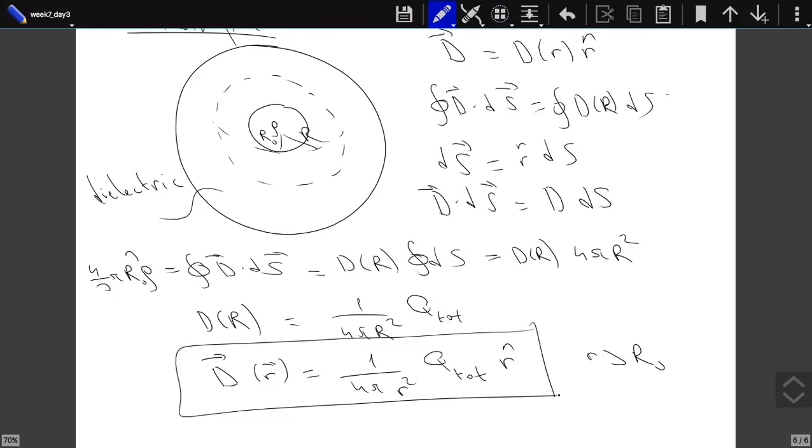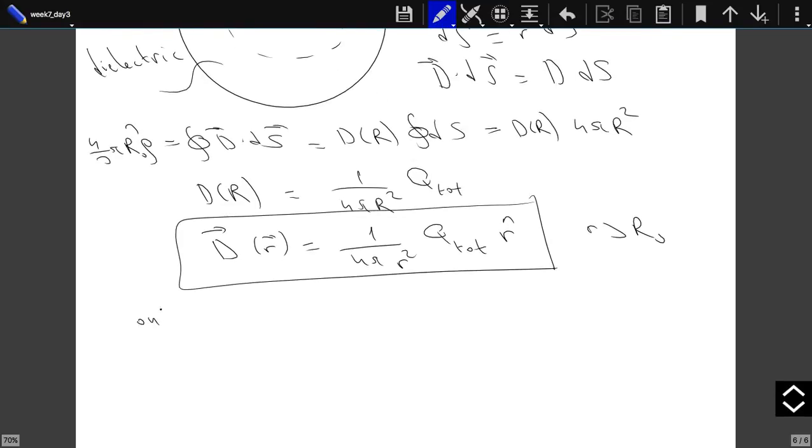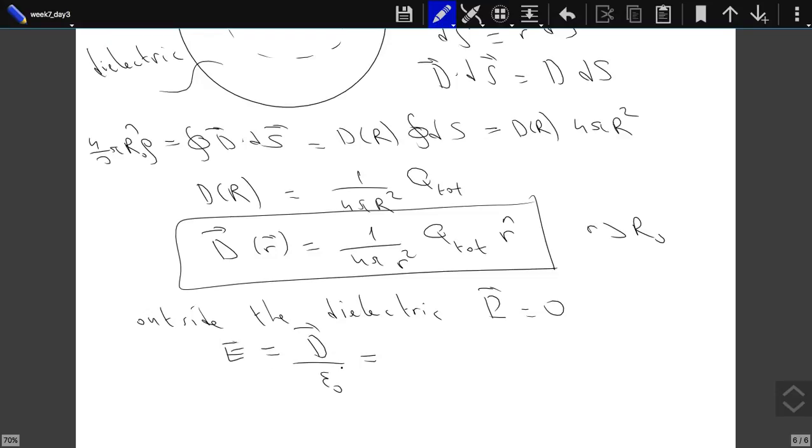But if we are outside the dielectric, the polarization is 0, because outside the dielectric there are no charges to polarize, so the electric field is just the displacement field over epsilon 0, which is 1 over 4 pi epsilon 0 Q over r squared in the r hat direction. Now this is again our well-known result for a uniformly charged spherical object. We are observing it from outside.